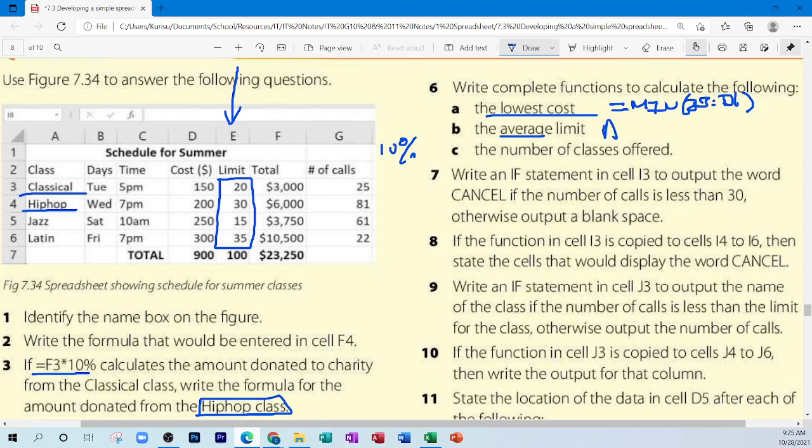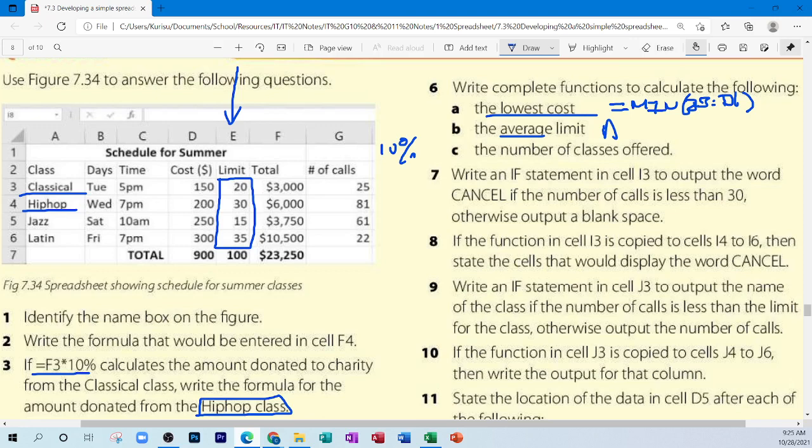Karishma? Sir, equals COUNTA, open bracket, A3 to A6. Okay. So why did you use that one? Sir, because it counts the number of cells with data in them and not the data that is in them.